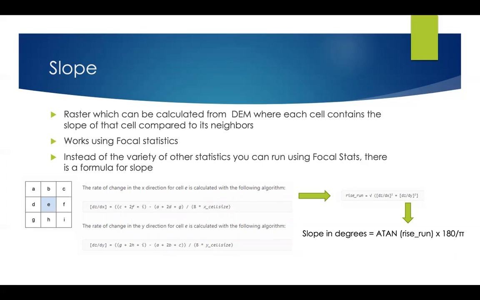The resulting output slope raster has cells where each represents a slope value, comparing that cell to its adjacent neighbors. In most GISs, there is a specific slope tool which uses focal statistics to do the following formula. I don't expect you to know this formula, but I do expect you to try to understand focal statistics so you could use this formula if you wanted to find the slope of a DEM by hand.